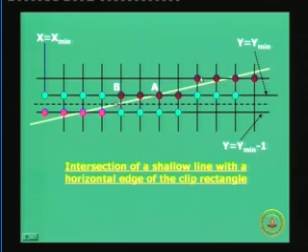So, all the brown colored points on y equals y min plus 1 and also on the horizontal edge y equals y min, all these 8 points must be selected, not only the 6 points starting from A to the right-hand side.